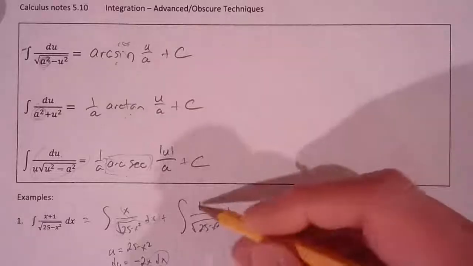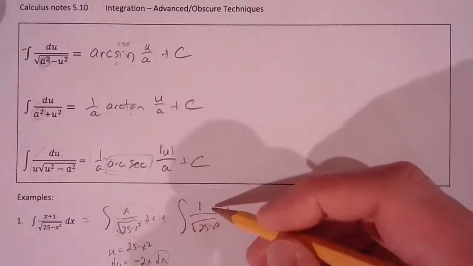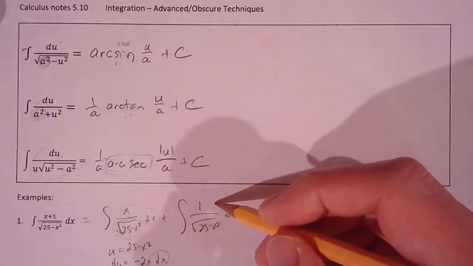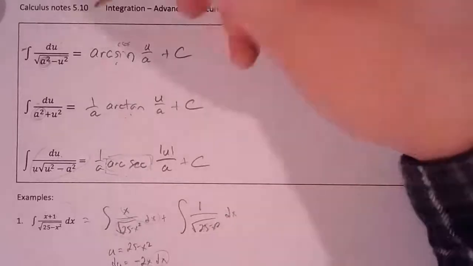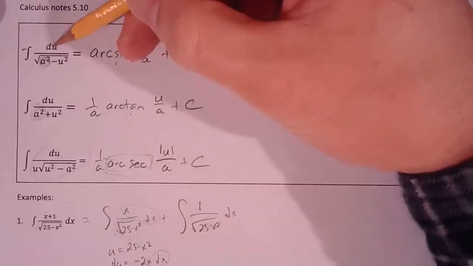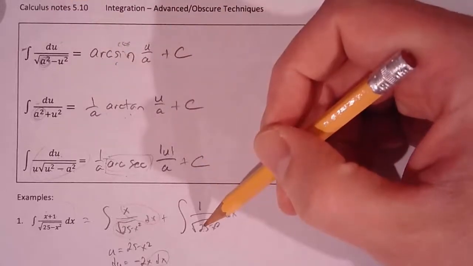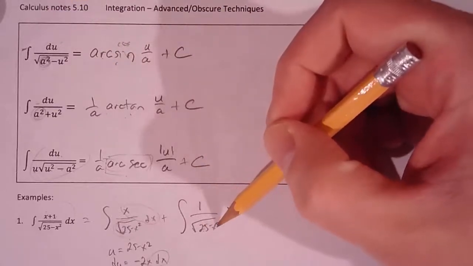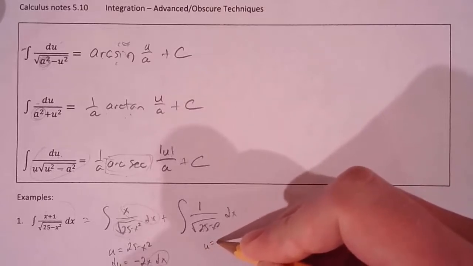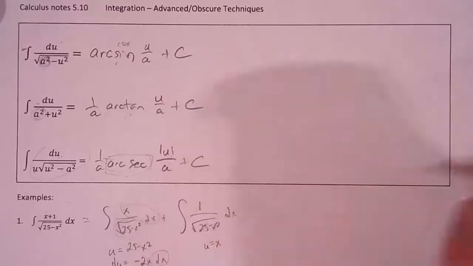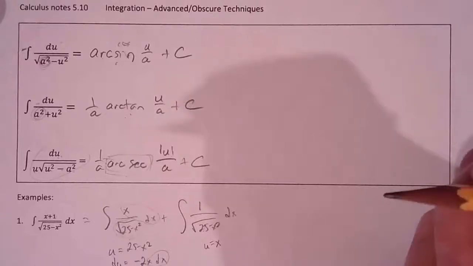Now if we're going to integrate the other one, there's a square root and a constant here. Now we're looking more at arc sine. There's a square root of 25 minus x squared. What if we let u equal x, which in regular u sub, you wouldn't do that.